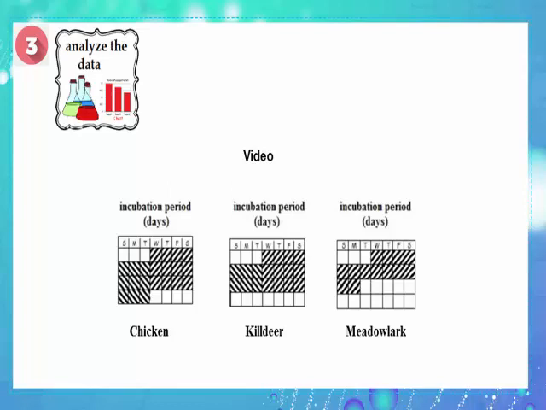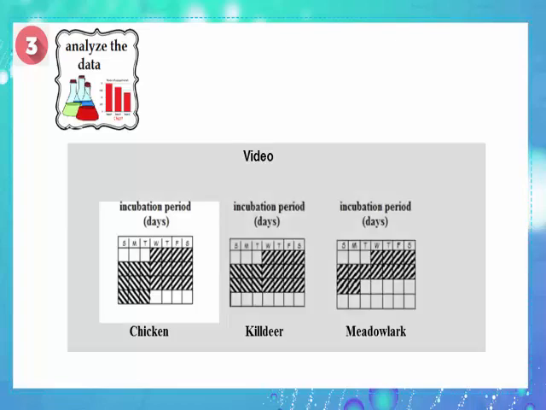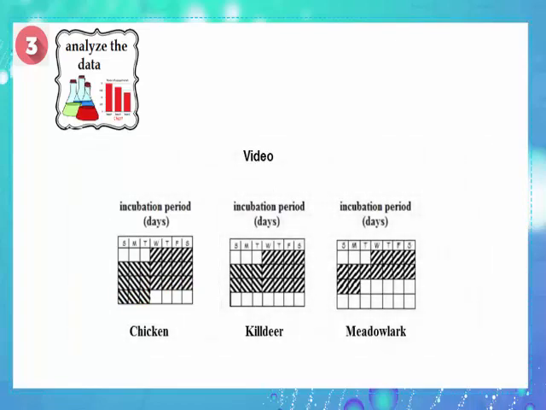So, we will start counting the days of incubation in the calendars. For example, in the chicken, 1, 2, 3, 4, 5, 6, 7, 8, 9, 10, 11, 12, 13, 14, 15, 16, 17, 18, 19, 20, and 21.